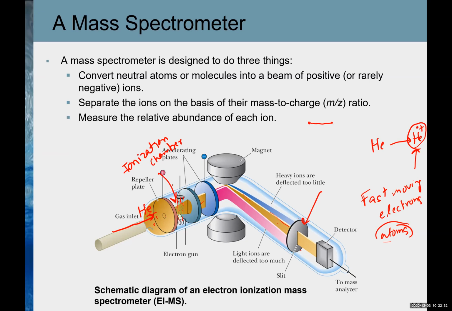And these fast moving electrons have almost 5 to 10 times more energy than required to break a bond. So yes, they have a lot of energy, so they can break any bond.